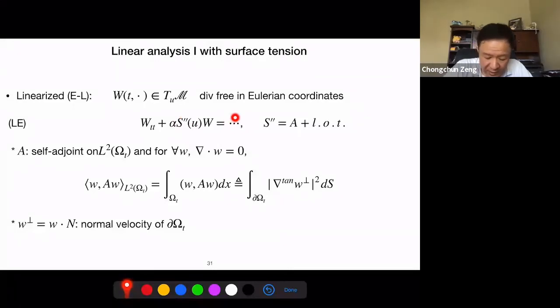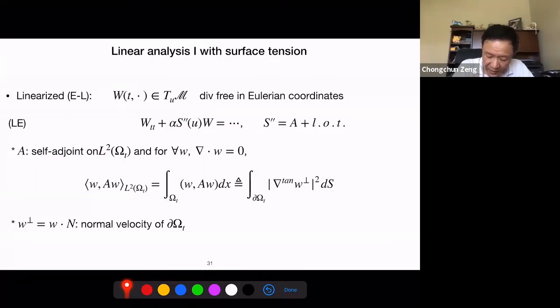Okay, then the key is what is this Hessian of the surface area element? When you do the calculation, you find that it has a principal part. The principal part is a self-adjoint operator with respect to the L2 metric.